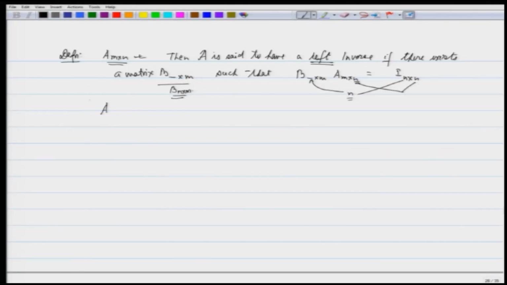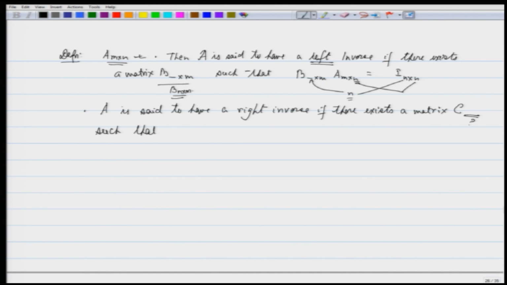Similarly, A is said to have a right inverse if there exists a matrix C. Again look at the size yourself, matrix C, such that AC is identity.